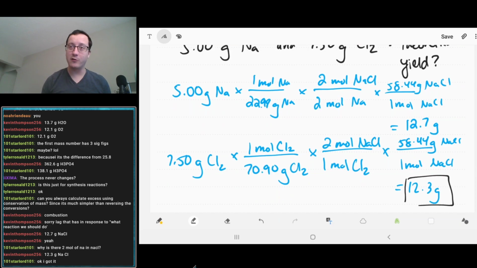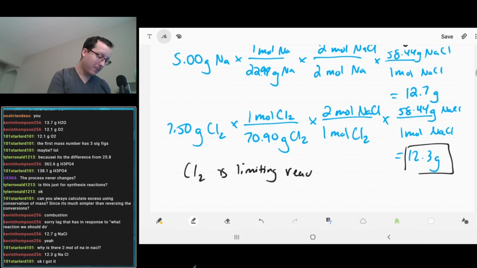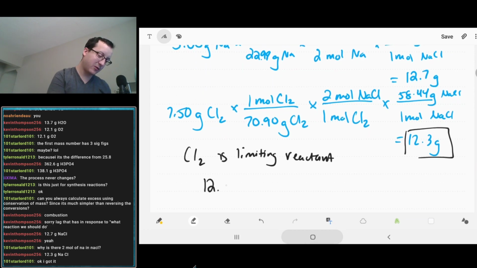We ended up making 12.3 grams. If we use our conservation of mass, we'll have 0.2 grams of something else left over. In that case, it's going to be sodium, right? So chlorine is limiting. And we could make 12.3 grams of our sodium chloride.